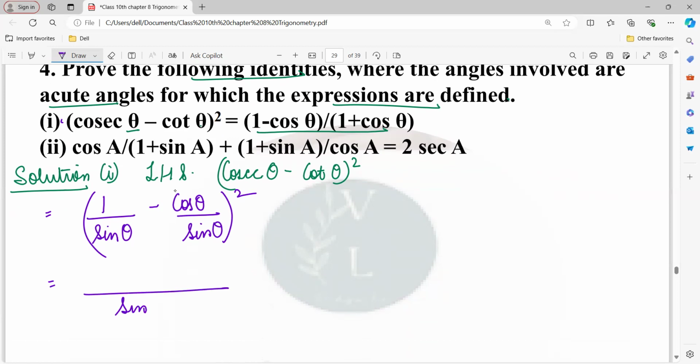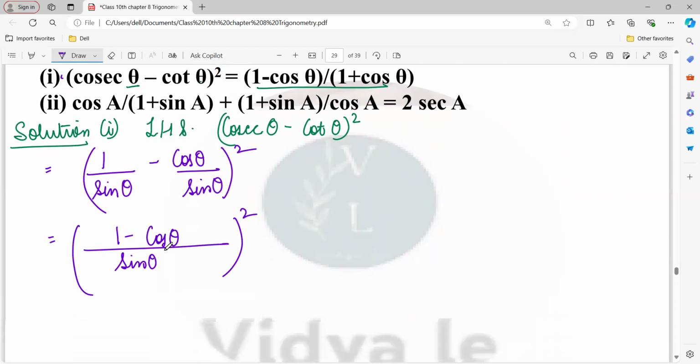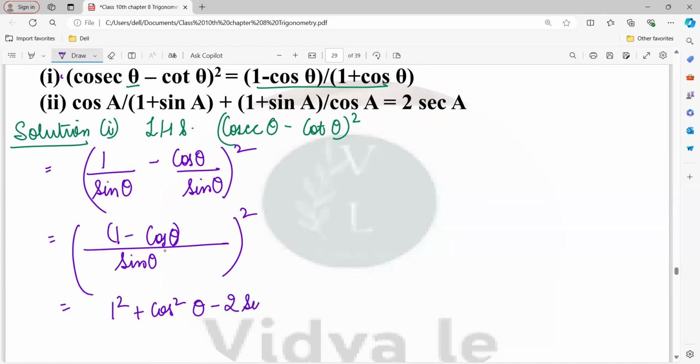So LCM will be sine theta, and in the numerator we get 1 minus cos theta. So we'll take the whole square of it. Now A minus B whole square will be A square plus B square minus 2 times A times B. That is 2 times 1 times cos theta, so it will be 2 cos theta. And in the denominator, we have sine square theta, right?